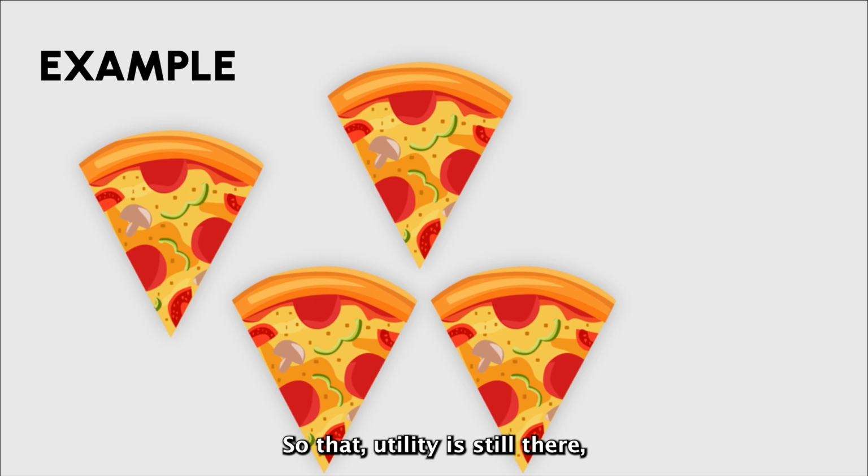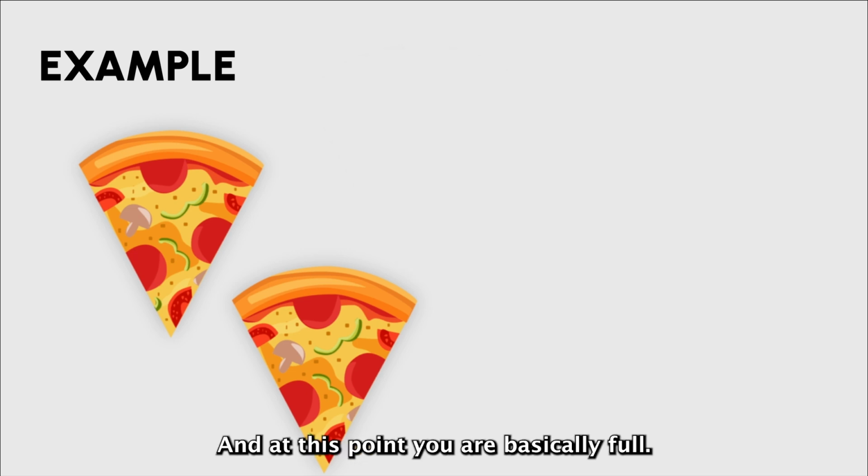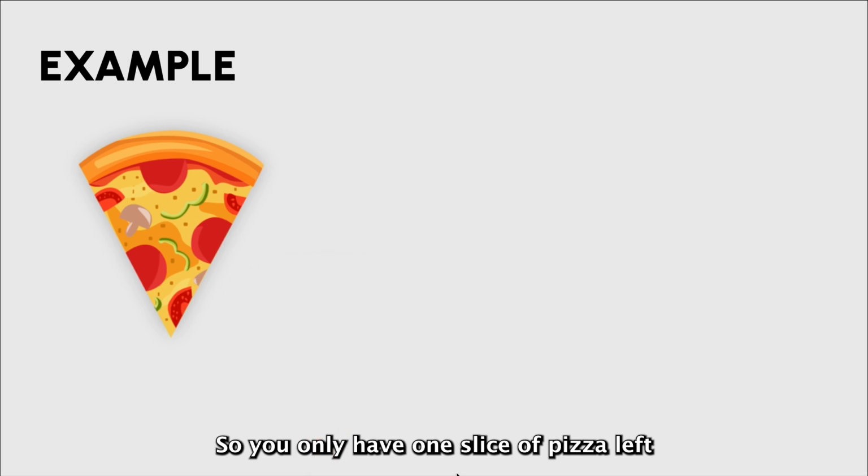So that utility is still there, but as you eat that third slice, it was really good, but you're nearly full at this point. However, when you finish you still want to finish that pizza, so you eat another slice, and at this point you are basically full, so you only have one slice of pizza left, and it barely brings you any enjoyment, but you're kind of okay with it at this point.